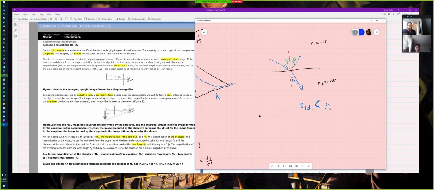Bending towards the normal just means it's going to go towards that imaginary 90-degree perpendicular line. Okay, makes sense. I just didn't know where the normal was.